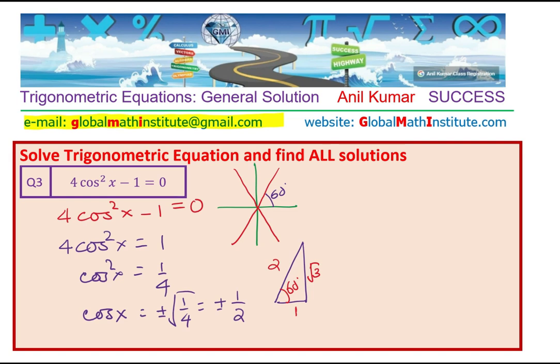So as you can see, it is 60 degrees or 180 minus 60, 180 plus 60, right? So the answers are 60 degrees, 180 plus or minus 60 degrees, correct? Even 360 plus or minus 60 degrees, everything works here. You get the idea, right?